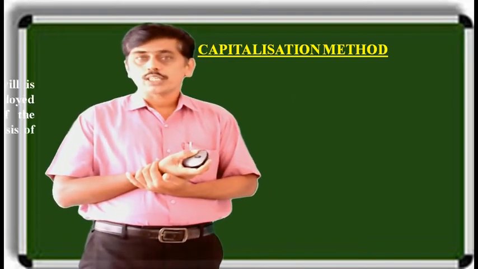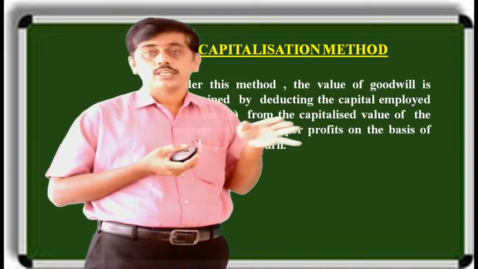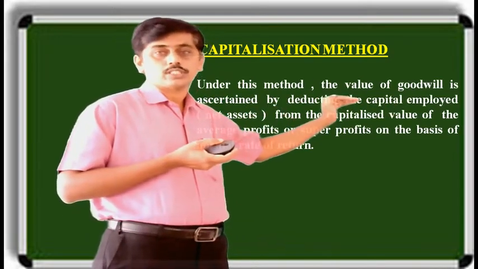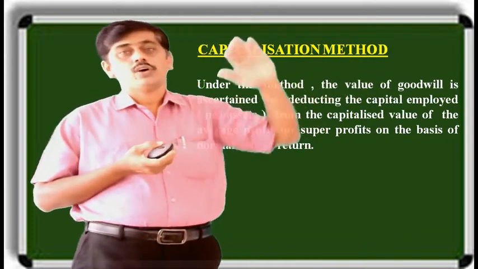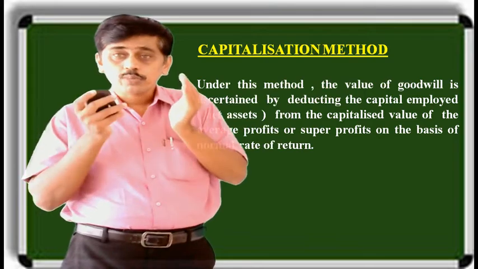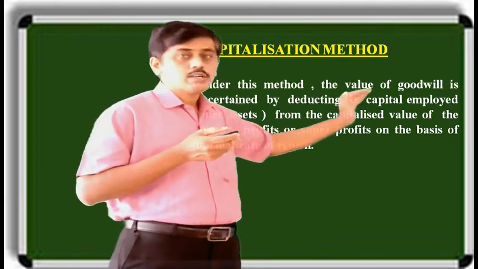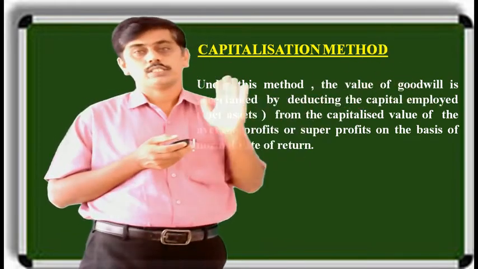Under this method, the value of goodwill is ascertained by deducting the capital employed or net assets from the capitalized value of average profits or super profits on the basis of normal rate of return.